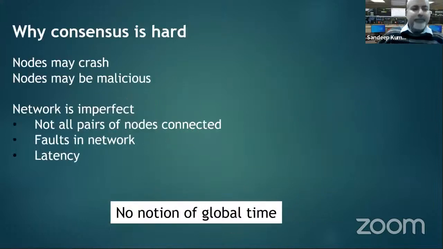Now, there are many issues. Nodes may crash, and some of the nodes may be malicious and try to confuse the protocol. Also, networks are imperfect. So not all pairs of nodes are connected. Sometimes there is link failure. There may be faults in the network, and there is latency, and there is no notion of a global time, because the clock on each computer is different, right?